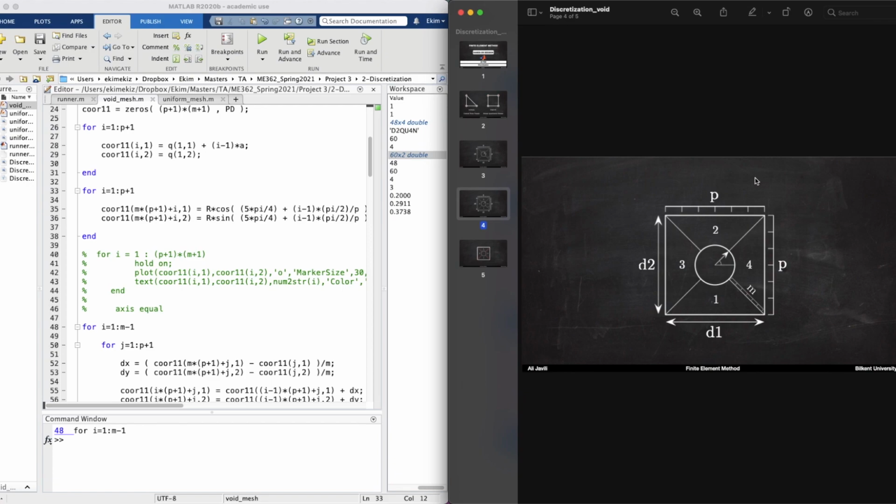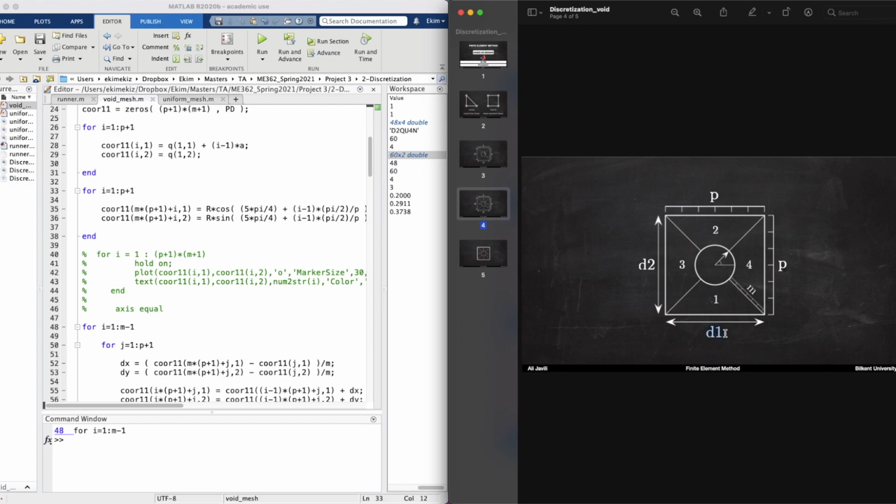So we know that the starting point of this line here should be 1, 2, 3, 4, 5. So 5 times pi over 4. And then it will go along this arc, which is pi over 2, such that we divide pi over 2 into p now.